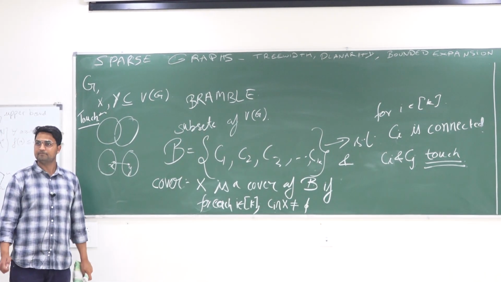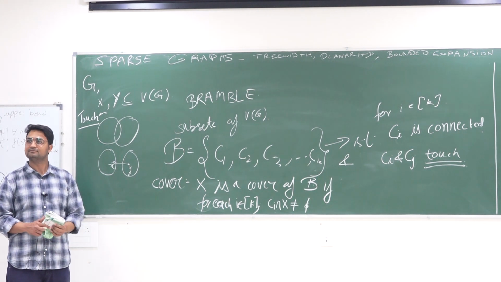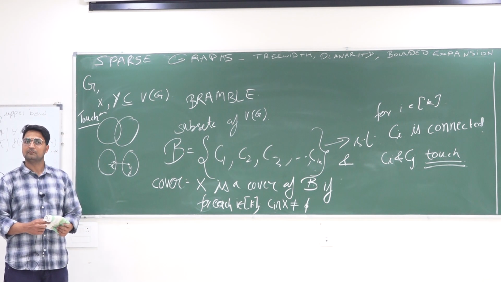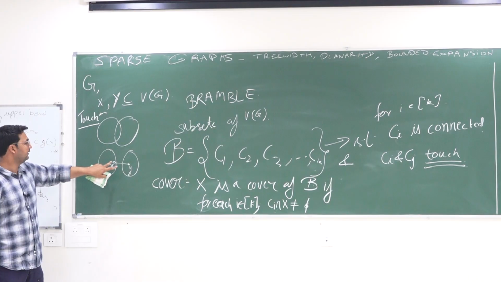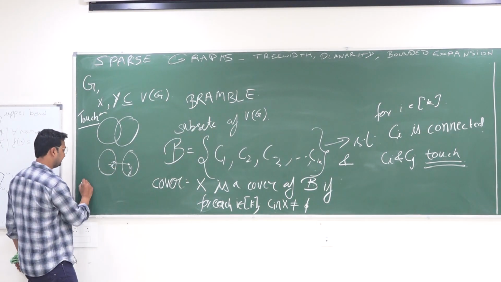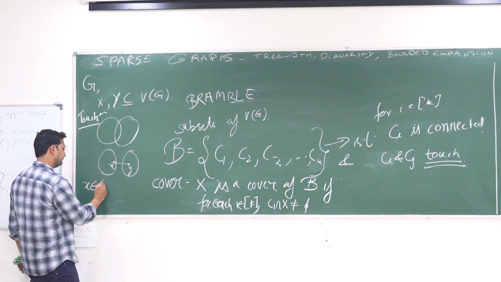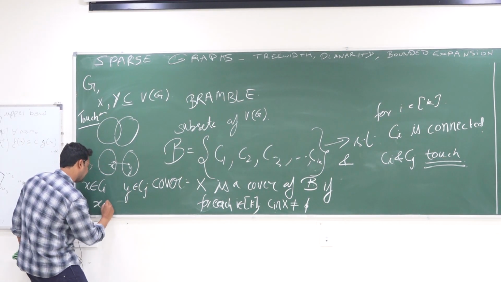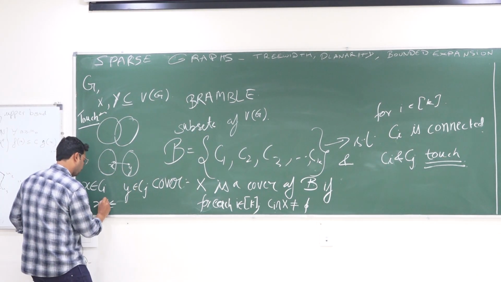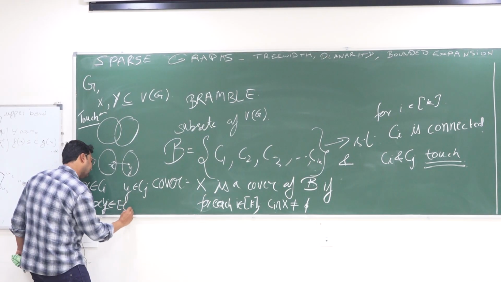Just two questions. Is touching the general term used for this, because usually we use overlapping for this? Touching is just for the boundary. Because it's not just overlapping, what might happen is that there is some vertex x in Ci and y in Cj, and xy is an edge in my graph.